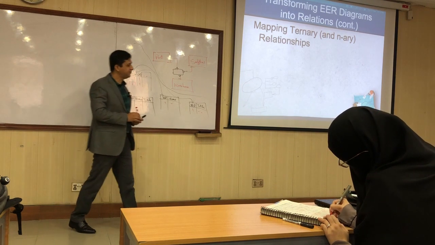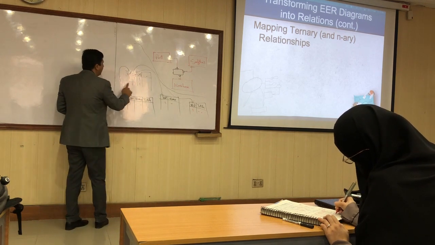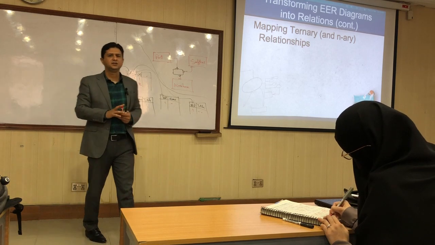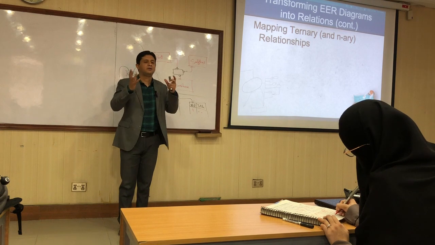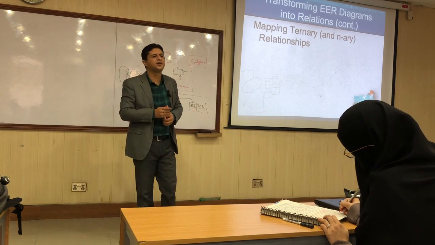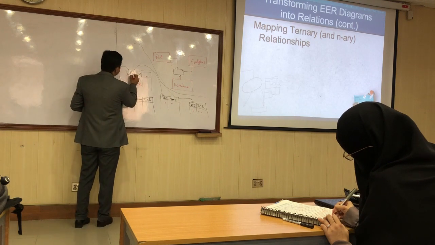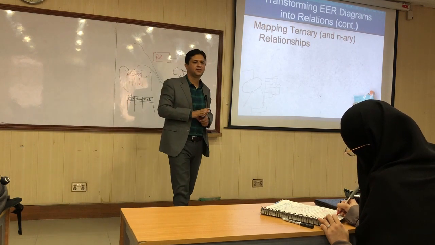Okay, and the second option is if there is no chance of repetition of these values, for example, there is no scenario where these values are repeated individually, rather the group of these values is repeated, then yes, we can use this combination as a composite primary key.